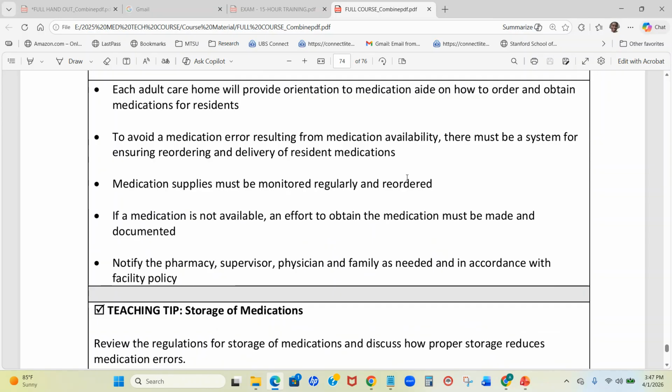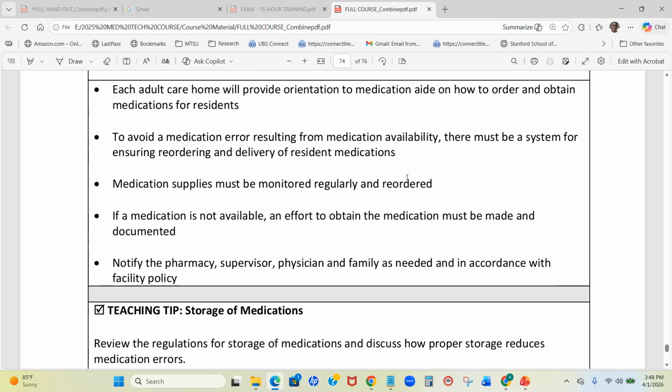Each adult care home will provide orientation, like I said, to avoid medication error resulting from medication availability. There must be a system for ensuring reordering and delivering of resident medication. Medication supplies must be monitored regularly and reordered on time.